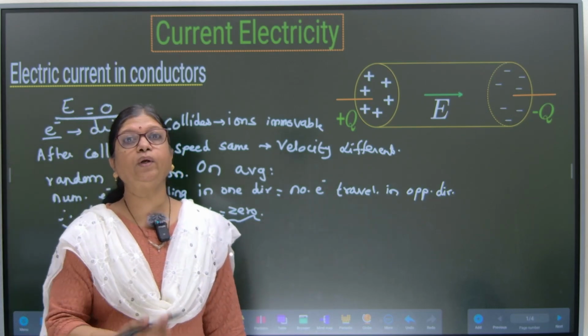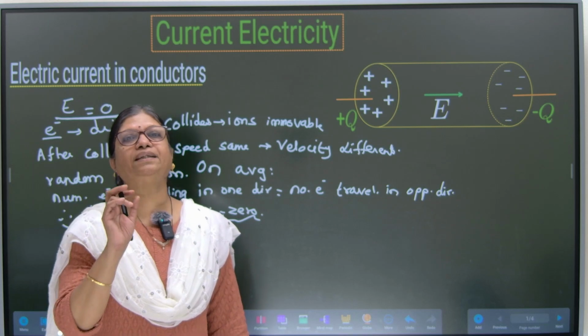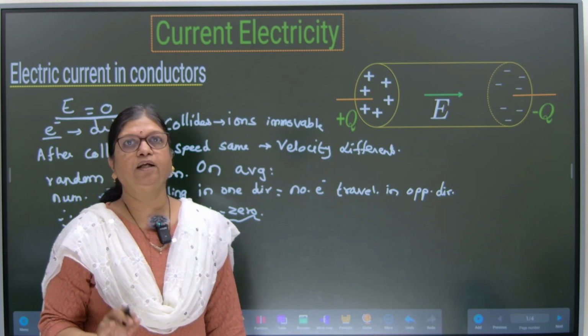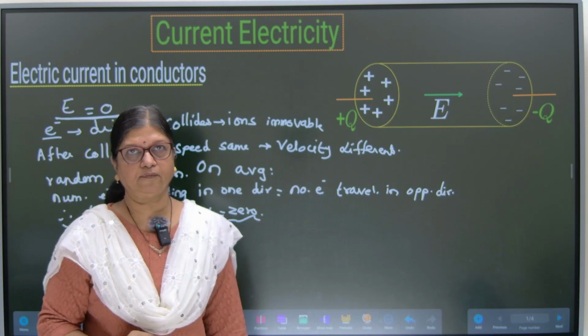Okay. Now let us consider that the electric field is non-zero in the conductor. Fine.